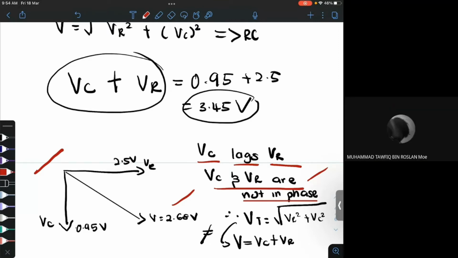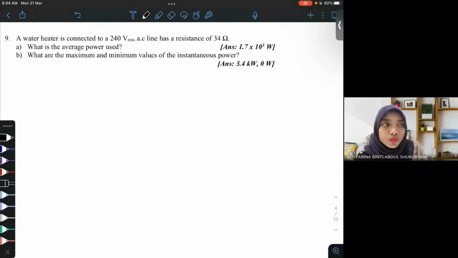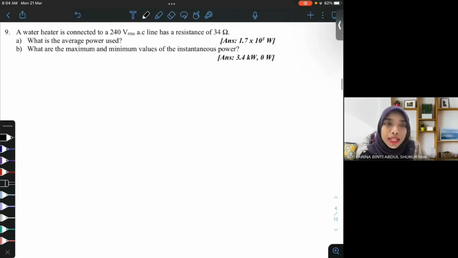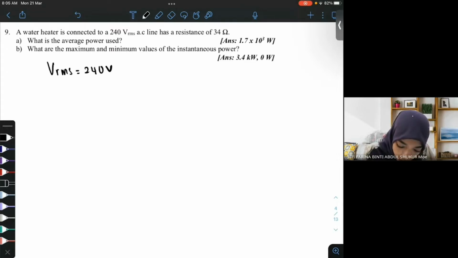Clear, Miss. Alright. So, for tutorial question number 9, we have a water heater connected to a 240 volt VRMS AC line, with a resistance of 34 ohm. So we have our VRMS as 240 V and a resistance of 34 ohm. The question asks what is the average power used.